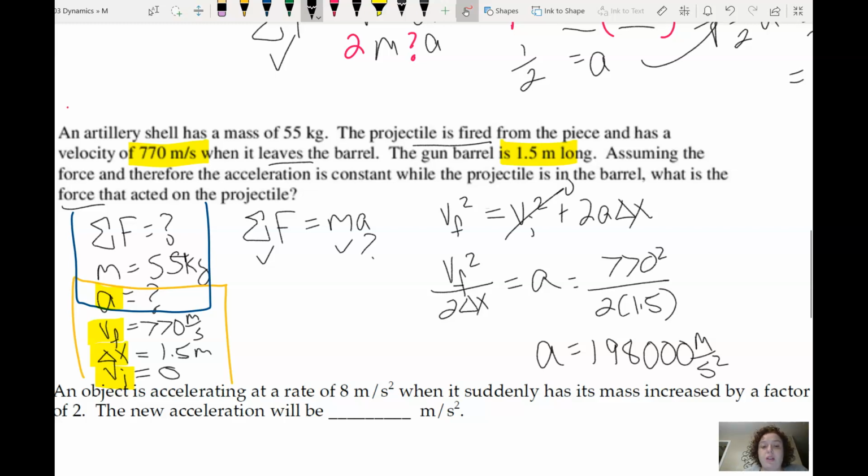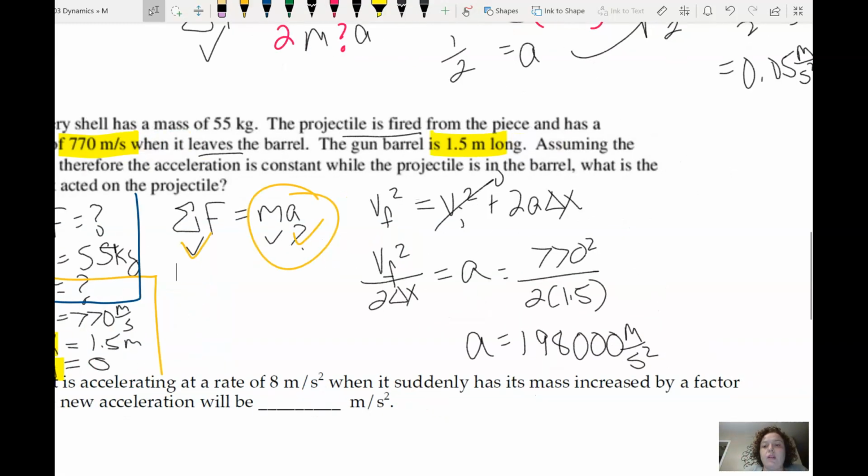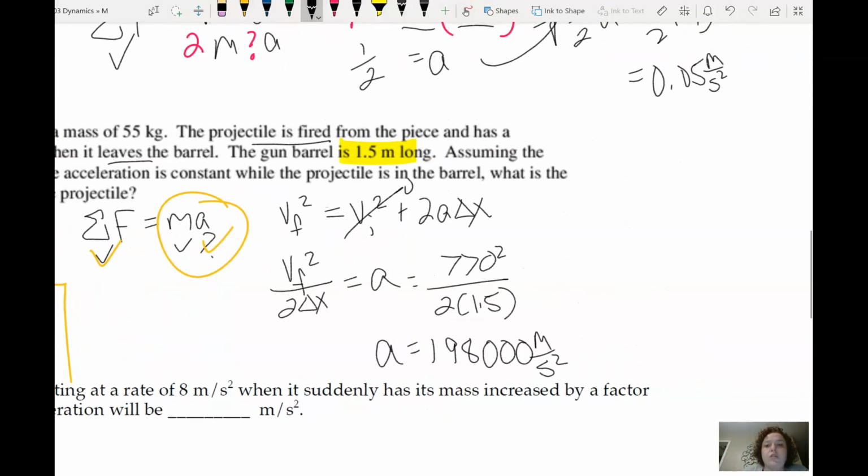Now that I have my acceleration, I have everything I need to solve for my force. My net force is equal to mass times acceleration. So it's equal to 55 kilograms times 198,000 meters per second squared.